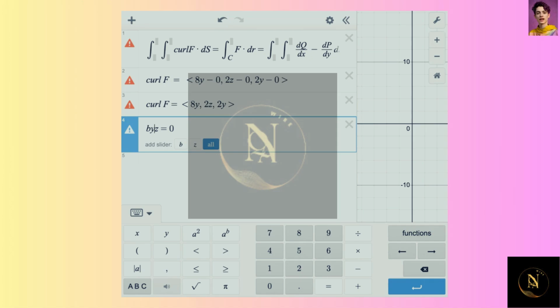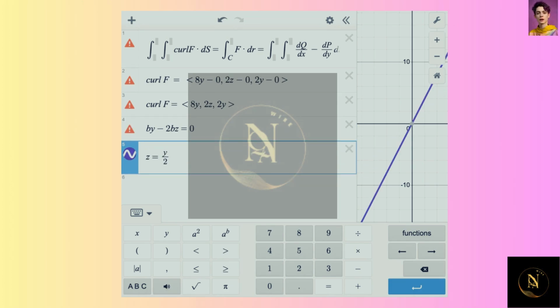So we'll get by minus 2bz equals 0. That tells us that z is going to be equal to y over 2, because we can move this over and then divide by 2b.